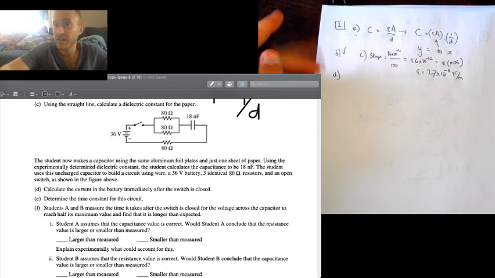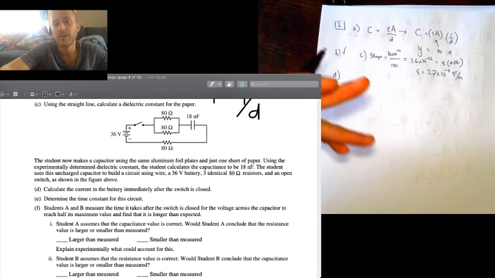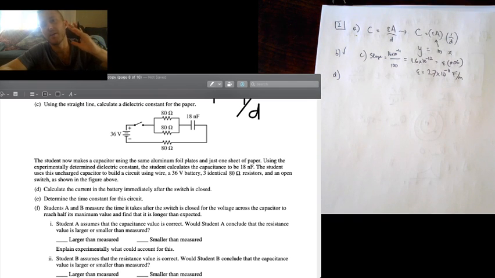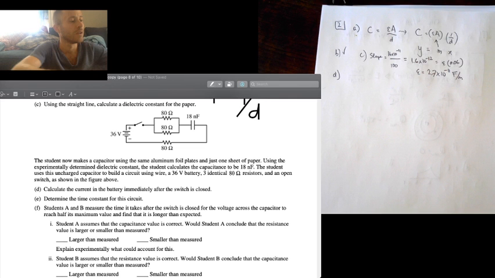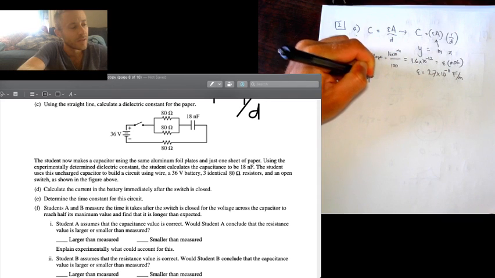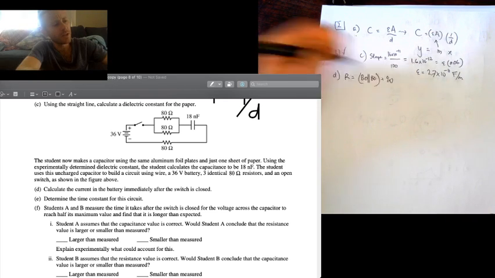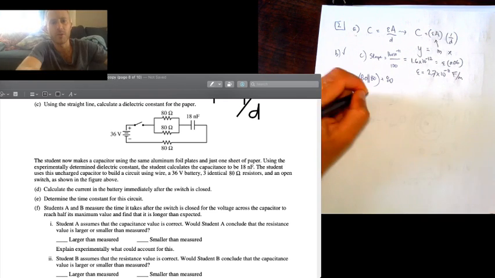So one of the things I've kept saying is that if you have an uncharged capacitor, it behaves like it has no resistance at first. So the total resistance in our circuit is going to be 80 in parallel with 80, which is then in series with 80. And if you work that out, it's 120 ohms.